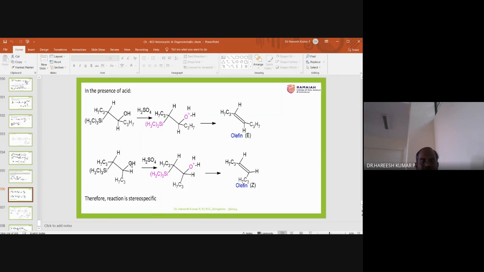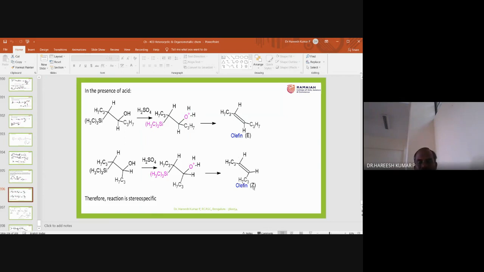So there will be a bond formation between this oxygen and H plus. That is how the hydronium ion is obtained. Once there is a formation of hydronium ion, this bond pair tries to move towards oxygen. When this bond pair tries to move, then HSO4 minus can form a bond with the silicon. At that time this bond pair is coming over here. So that is how the olefin is obtained.